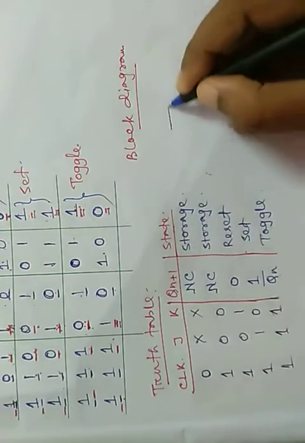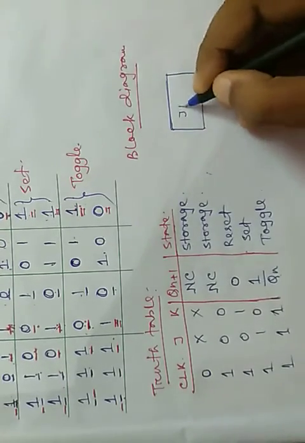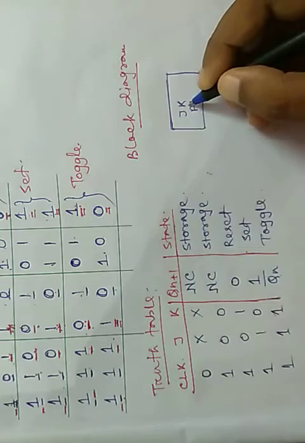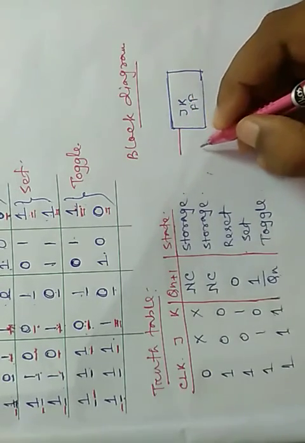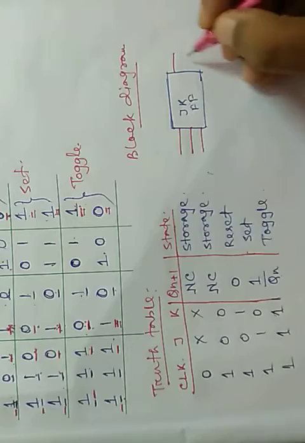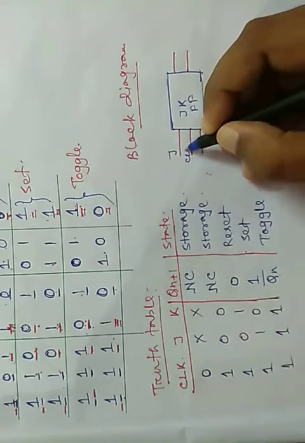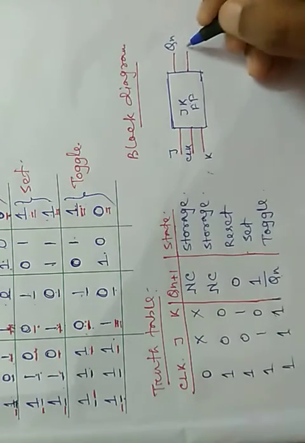That means JK flip-flop. Here are three input lines and 2 output lines. 3 input lines means J, clock, K, and outputs Qn, Qn bar.